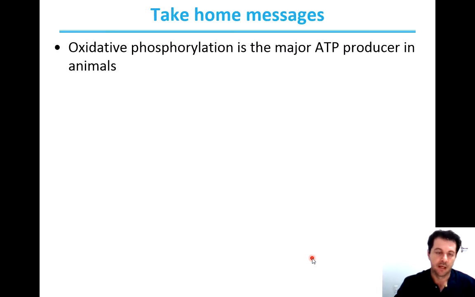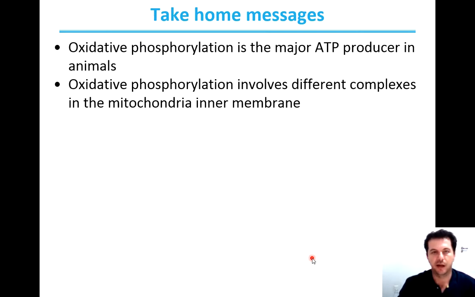Okay, so, take home message. Oxidative phosphorylation is the major ATP producer in animals. Animals don't have chloroplasts, right? So mitochondrial oxidative phosphorylation is the major site of ATP production. It involves different complexes in the inner membrane of the mitochondria. You see that the complexes are very big, and you are going to see in the next class that it is even more complicated because they created some metabolite channels.